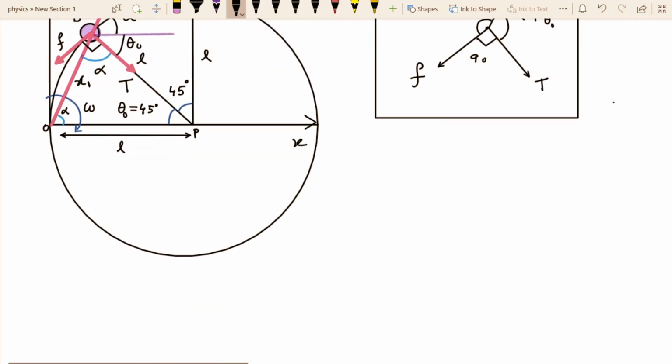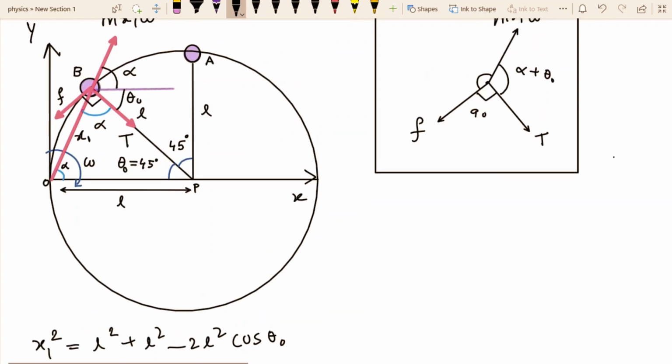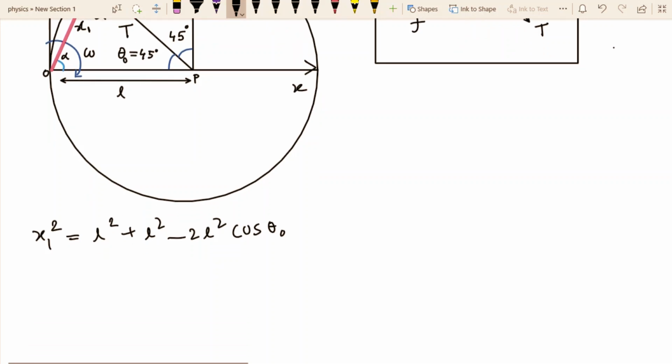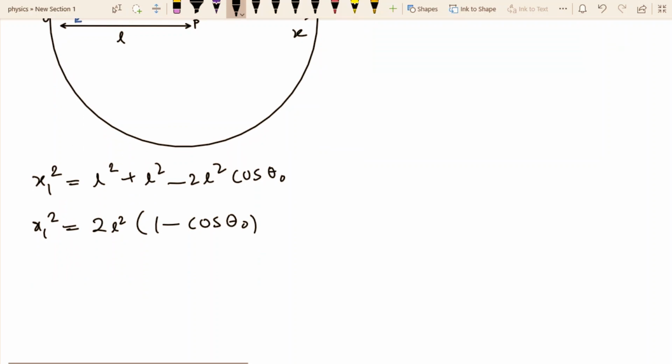So by using cosine rule you can easily compute this x1, and x1 square is equal to L square plus L square minus 2L square cos theta naught. So here I am mentioning 45 degrees as theta naught. There is a reason, I will explain. So now x1 square is equal to, you can take 2L square out and you are getting 1 minus cos theta naught. 1 minus cos theta naught is 2 sine square theta naught divided by 2.